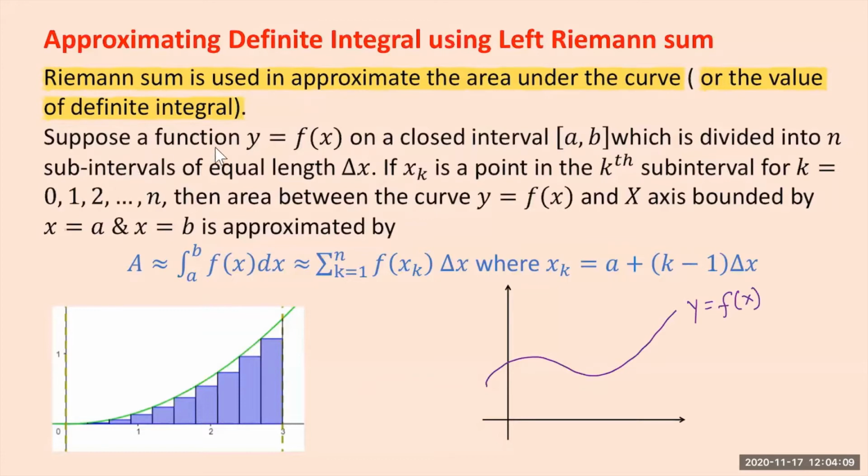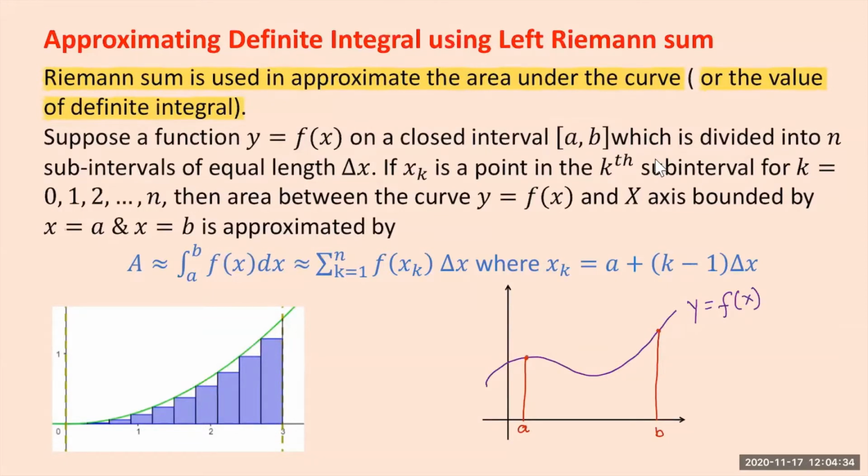So suppose a function y equal to f of x on the closed interval [a, b]. Now we are looking at this function from x equal to a up to x equal to b, on the closed interval. The function is well defined in this interval.